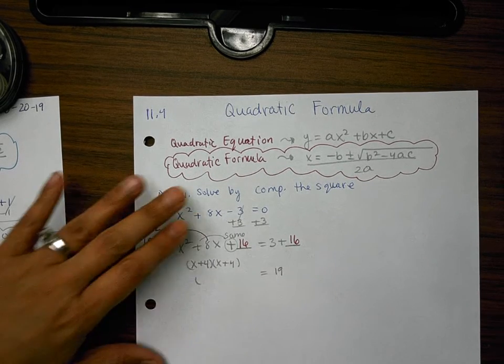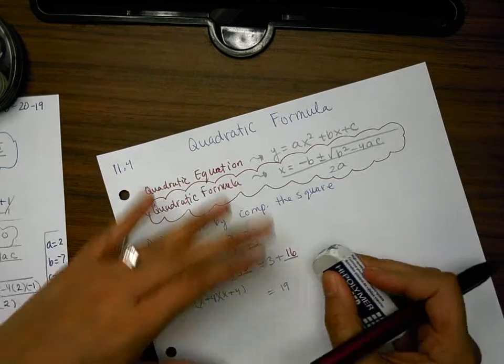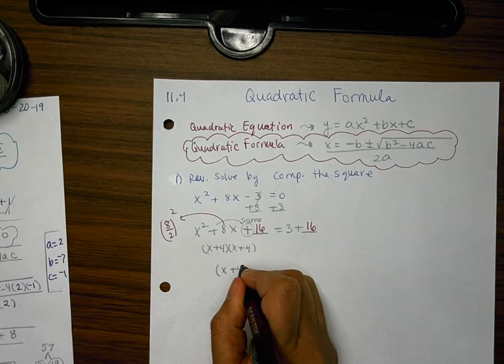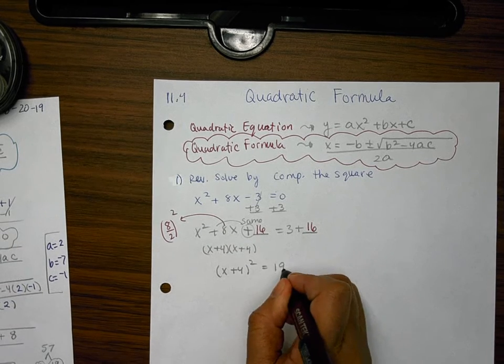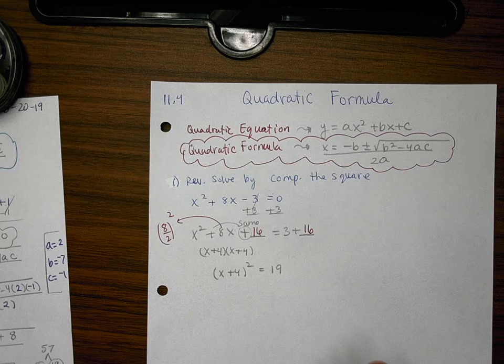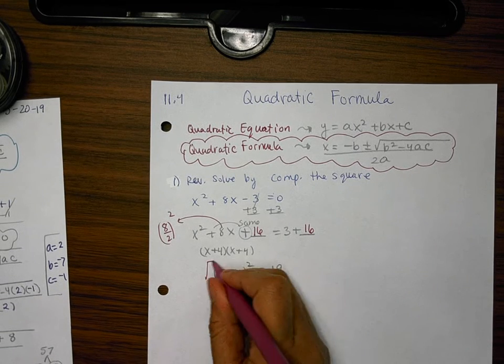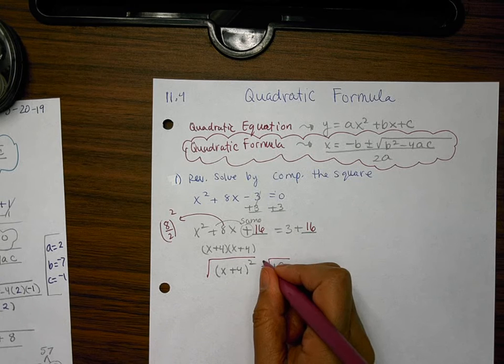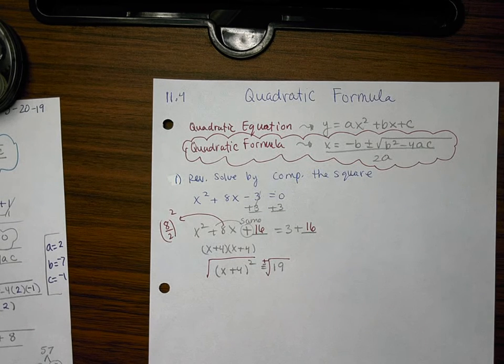So I'm going to write this as the quantity x plus 4 squared equals 19. Now, since I'm solving, this is not where I'm going to move the 19 over. I'm going to leave the 19 where it's at and square root both sides. Plus or minus.